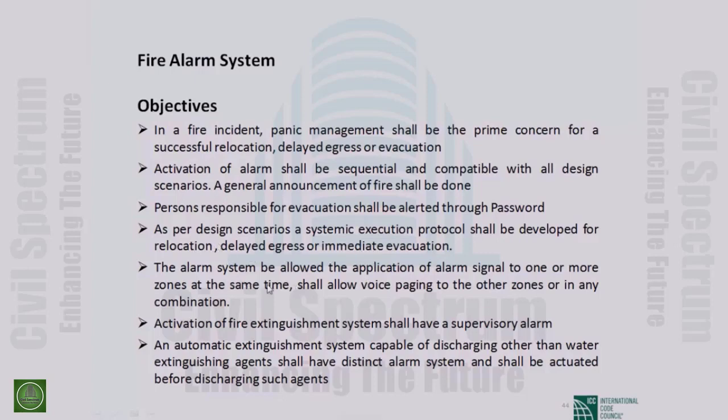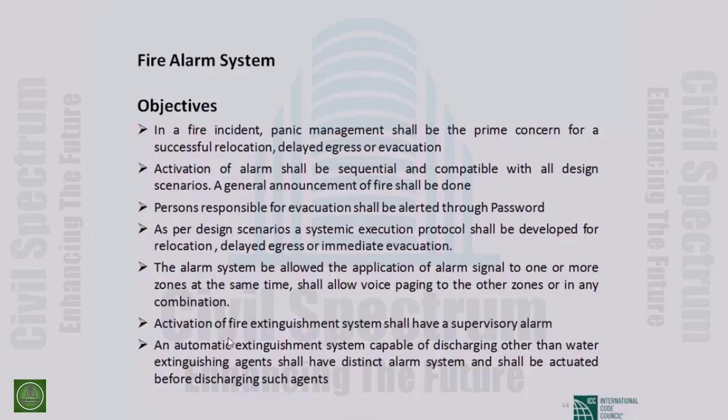The alarm system allows the application of an alarm signal to one or more zones at the same time, and shall allow voice paging to the other zones or in any combination. Activation of a fire extinguishing system shall have a supervisory alarm. An automatic extinguishing system discharging an agent other than water shall have a distinct alarm.